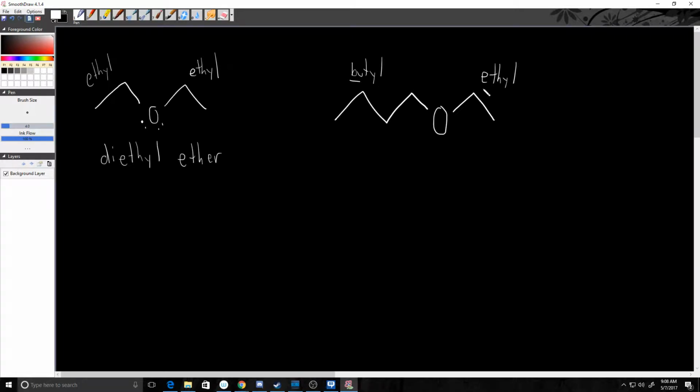B in butyl comes before E in ethyl. So this is butyl ethyl ether. Essentially, you're just naming each chain separately. And this whole ending it with ether, that part right there is what tells us there's an oxygen smack dab in the middle of our carbon chain.